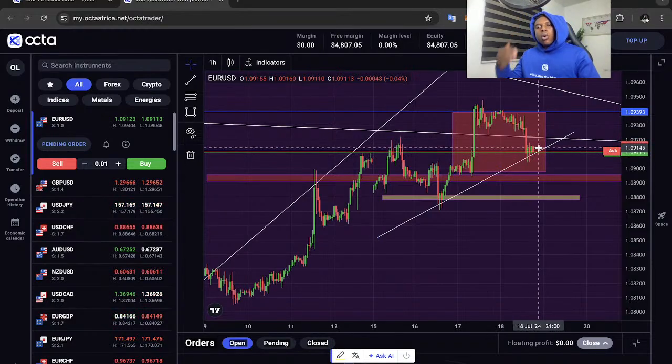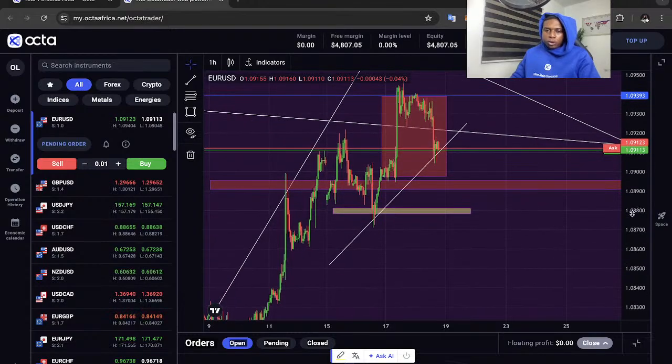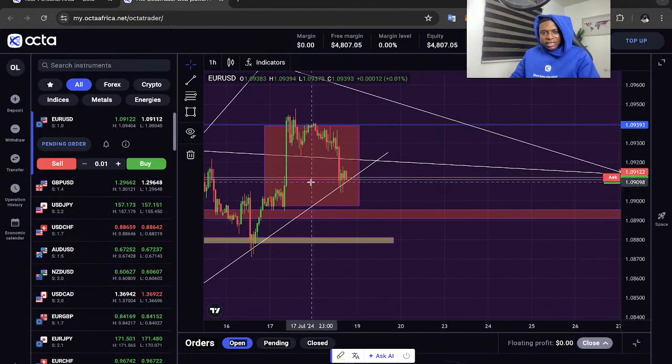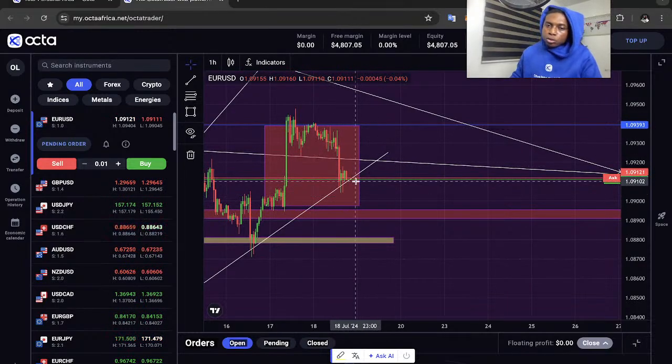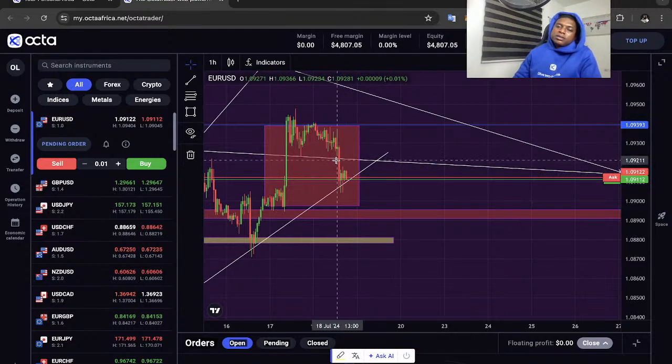Now, so what do you want to do as a trader? So what will I do right now? There are two options that I have. I don't want to get trapped in this retracement by jumping in to buy. Also I don't want to get trapped in this retracement by jumping in to sell.